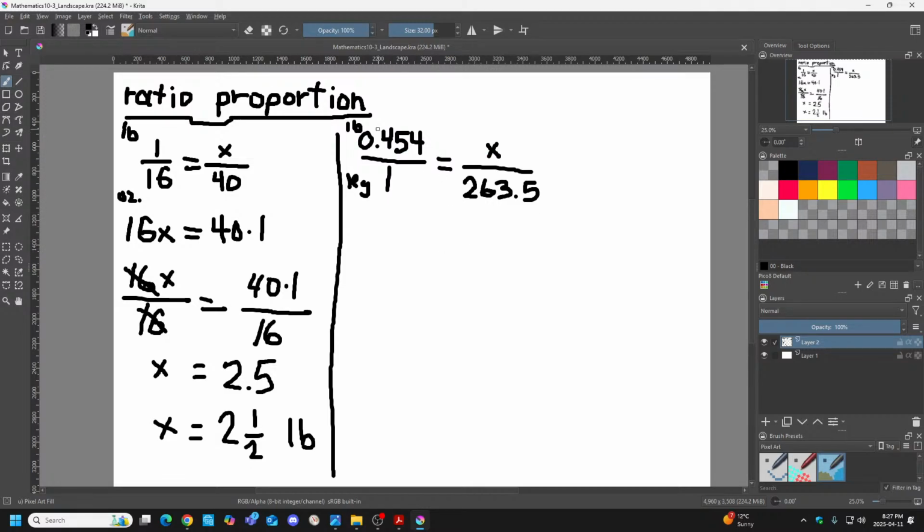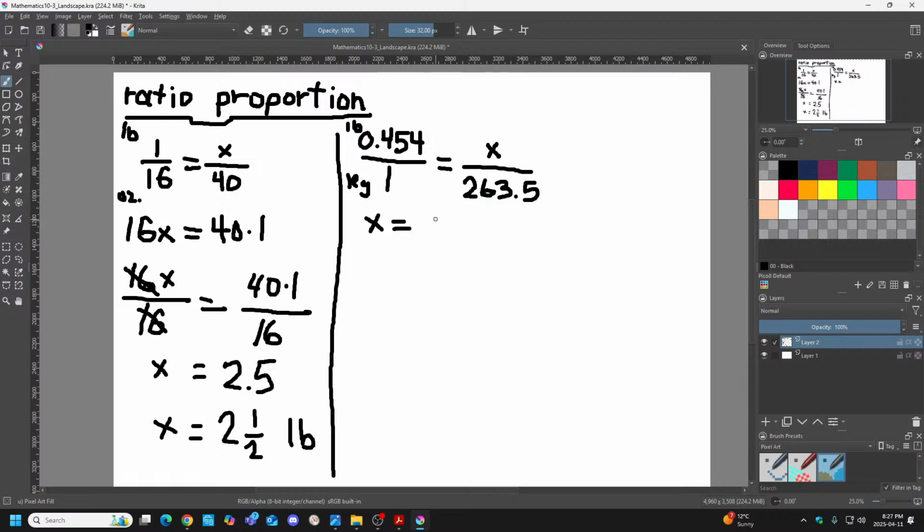So now all we have to do is cross multiply, guys. Again, I always put the X on the left side. Anything times 1 is just going to be X, so we don't need to show the 1. It's inferred as 1. So now we're going to cross multiply.